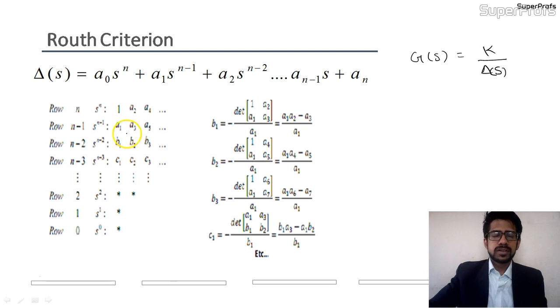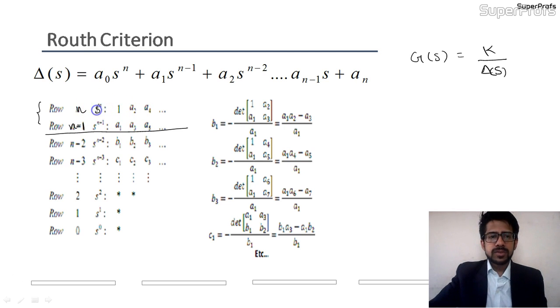Now, the arrangement that you see on the left hand side with different rows and columns is known as a Routh array. We will see how to build a Routh array. Let us focus on the first two rows of the Routh array, wherein you can see a row of n and a row of n minus 1.